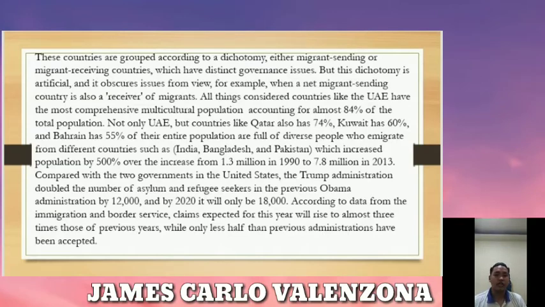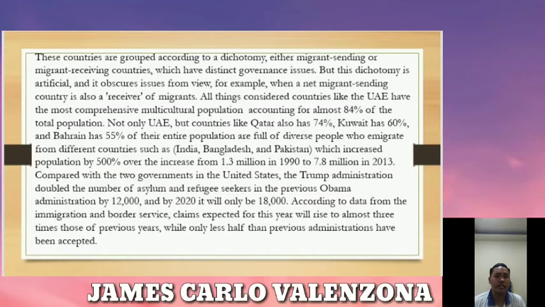So all things considered, countries like the UAE have the most comprehensive multicultural population, accounting for almost 84% of the total population. Not only UAE, but countries like Qatar also have 74%.